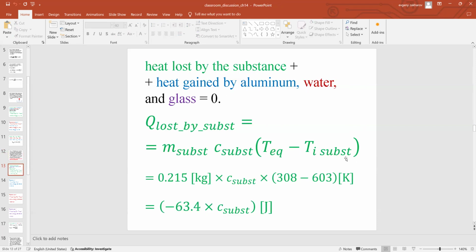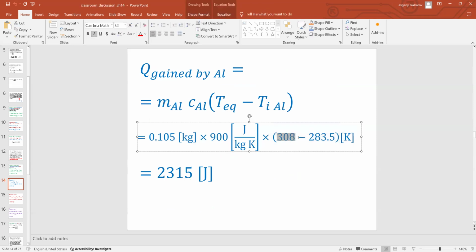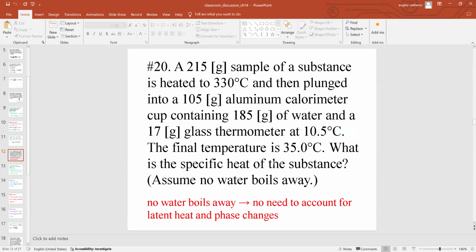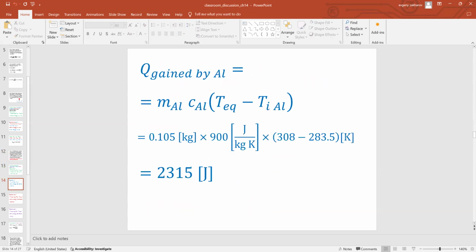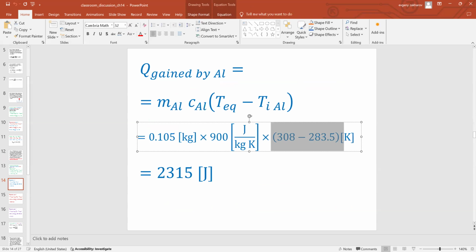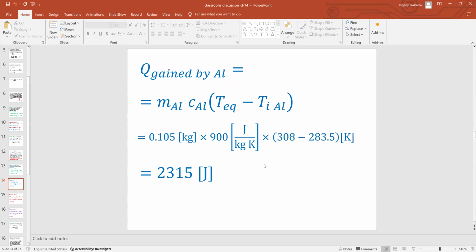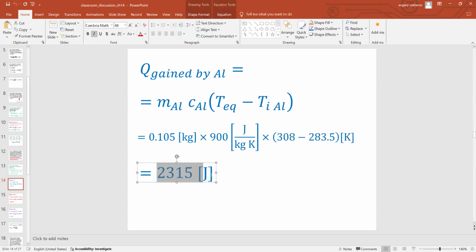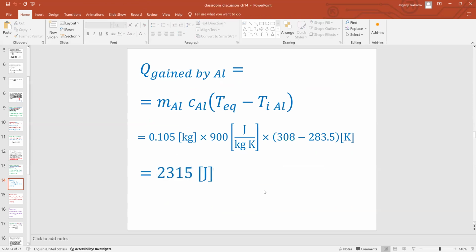So 35 degrees Celsius converted into Kelvin, take away the initial for the aluminum. Initial for the aluminum is 10.5 Celsius, so convert the 10.5 into Kelvin. That's what you're going to get. Do the math, and you get 2315 joules gained by the calorimeter.